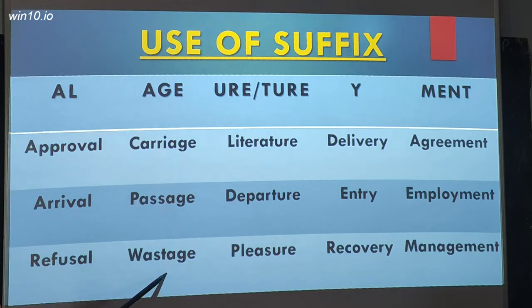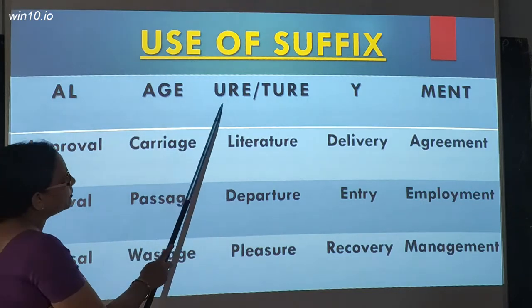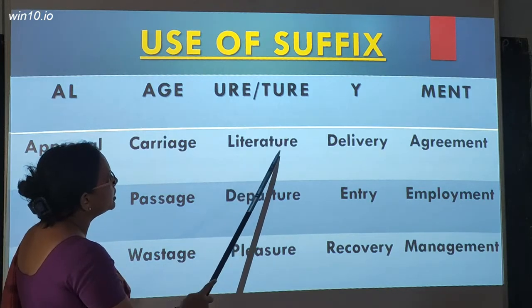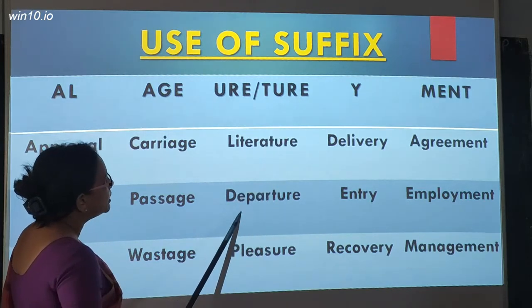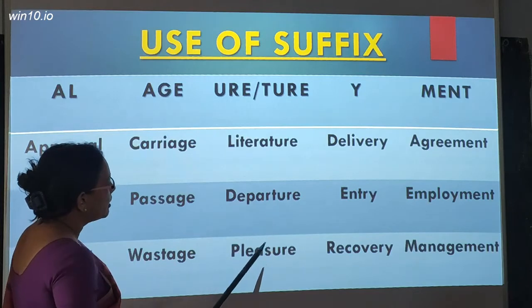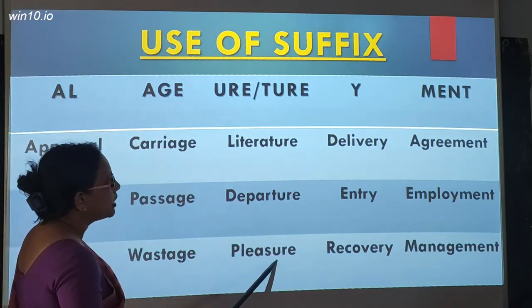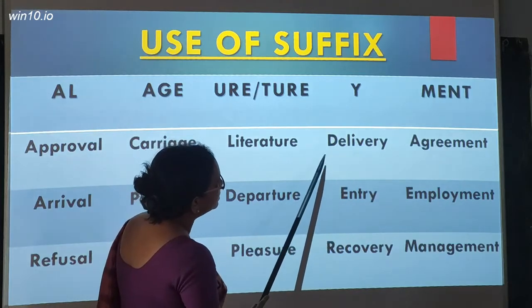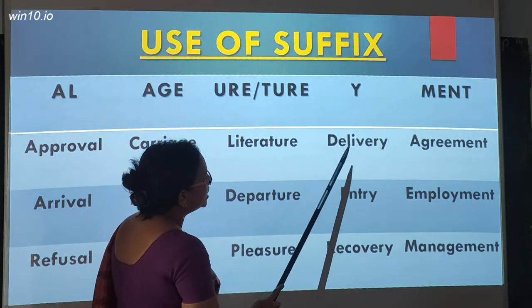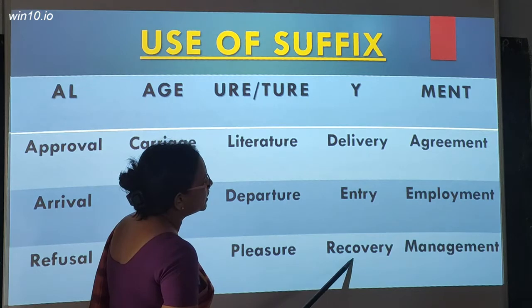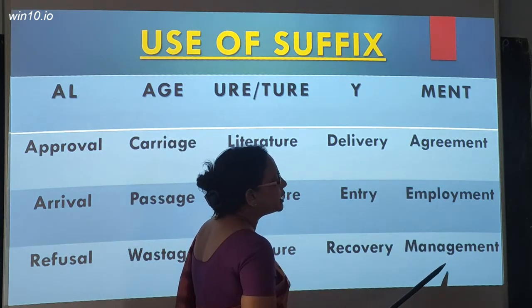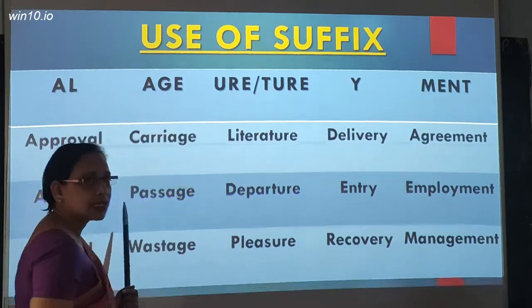Passage, wastage. Same with the examples of ure and ture. Literature, there is ure. Departure, ture. Pleasure, ure. And we have one more syllable, that is y. Delivery, entry, and return. Ment: agreement, employment, and management. So these are some suffixes.